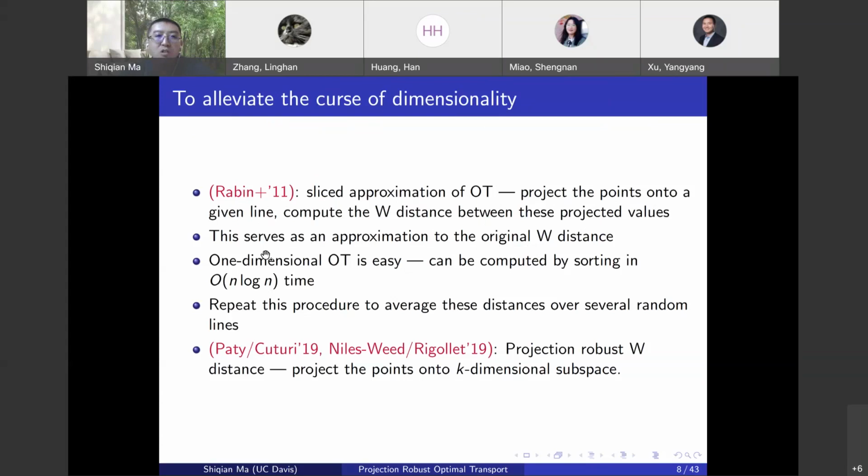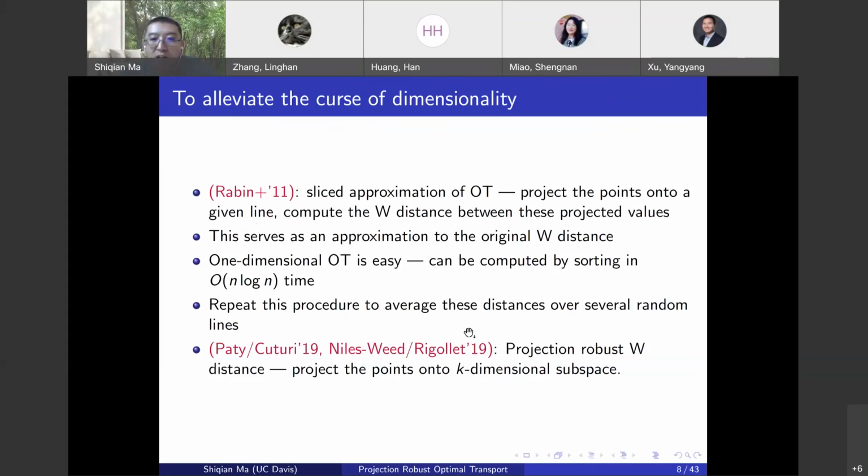The good thing about this approach is that when you project the points onto a given line, you are actually considering a one-dimensional optimal transport problem. One-dimensional optimal transport problem is easy. It can be computed very efficiently. Of course, in practice, we don't know which line to project the points onto.